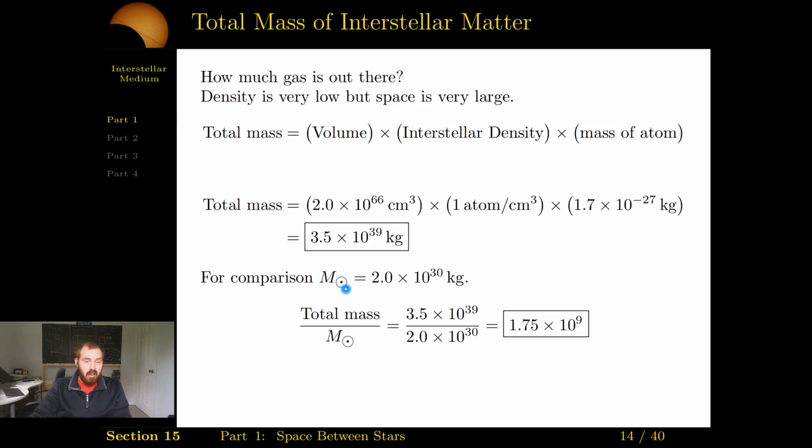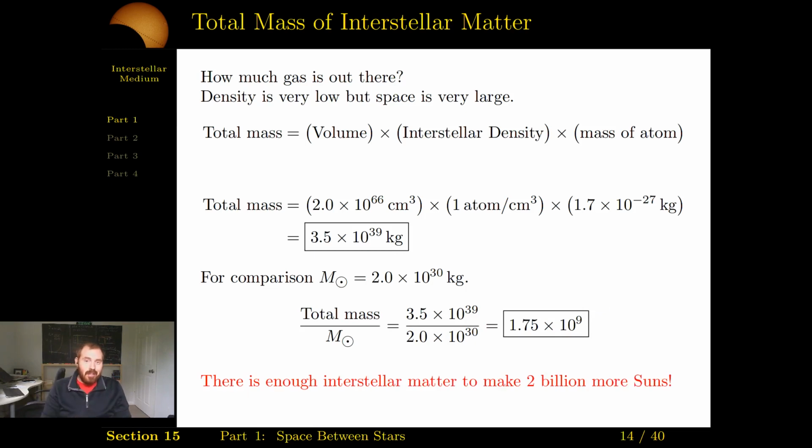So the mass of the sun is about 2 times 10 to the 30th kilograms. And let's just compare. The mass of the galaxy, the total mass of the galaxy, divided by the mass of the sun, right? 3.5 times 10 to the 39th, divided by solar mass, 2 times 10 to the 30th. We're going to find that the mass of the galaxy is 1.75 times 10 to the 9th times bigger than our sun.